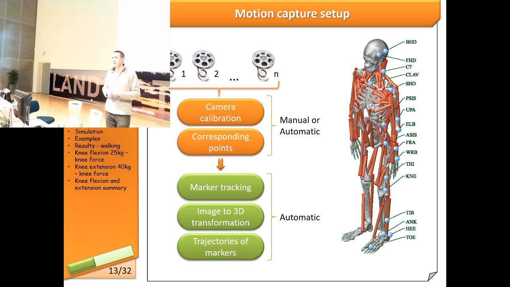Of course, it might happen that, for example, when you're moving like this, when the marker is on the inside of the hand, at this point it might be invisible. And if it's invisible to all the cameras, it disappears and then it appears back, then the system has to recognize which marker it is, and it might find it, but it might also get confused.